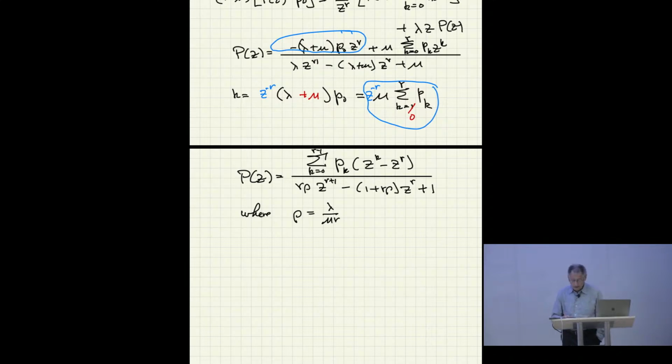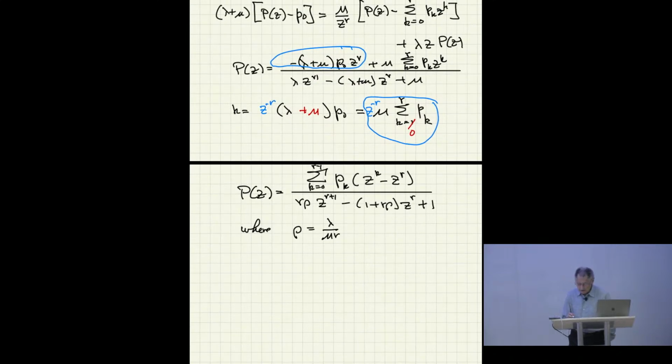And by the way, do you see something a little strange that I've done? Do you notice that this is r minus 1 and not the r that we've been talking about up here? But when this is equal to r, I get z to the r minus z to the r, so it cancels out.